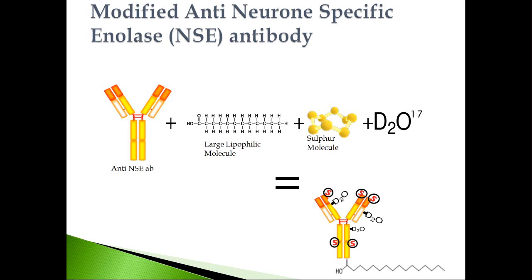Now, it is also intended to attach a D2O molecule. The D2O molecule has oxygen 17. The D2O molecule is attached to the antibody so as to use it as a contrast to enhance detection by the MRI. The radio frequency signal in MRI is attenuated by the D2O molecule because deuterium has an atomic number of 1, and such atoms attenuate the signal in the MRI.